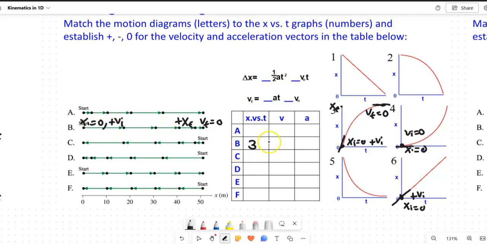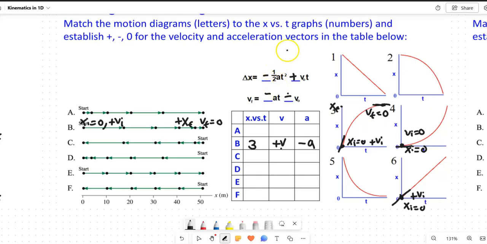All of those arrows are pointing to the right, so this is going to be a positive velocity. But since those arrows are getting smaller and smaller, that means they're slowing down, so that acceleration is negative. So in other words, we would have a negative acceleration right here, a positive initial velocity. Well, technically our initial velocity would be 0.